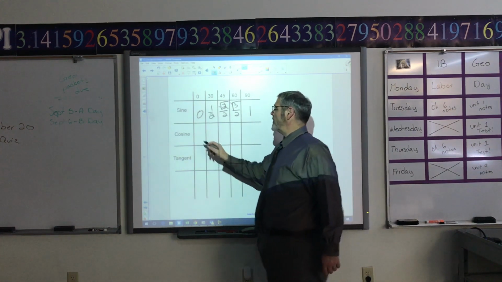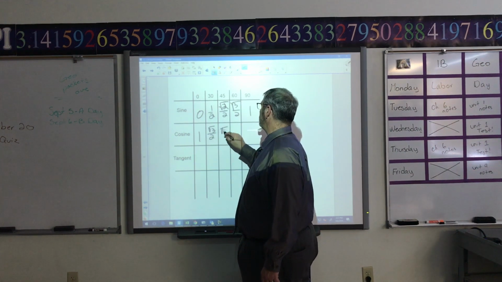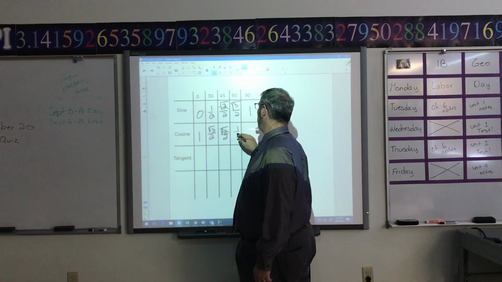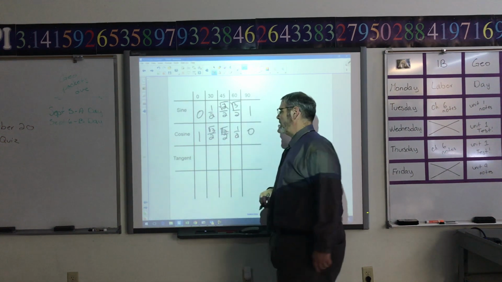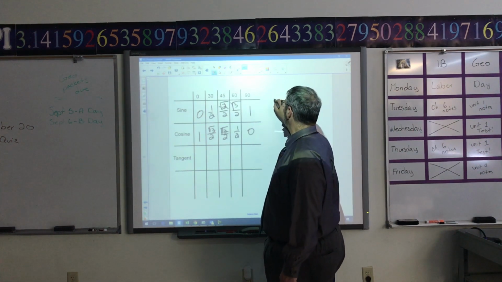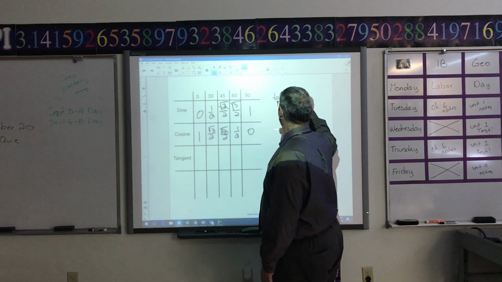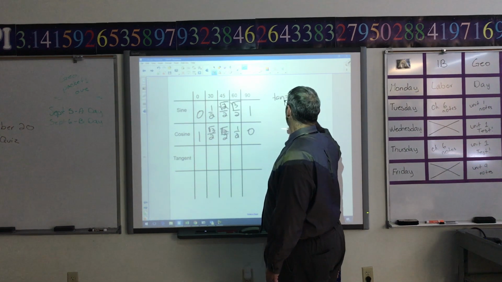If I write it backwards, I'm going to write 1, square root of 3 over 2, square root of 2 over 2, 1/2, and 0. To find the tangent, if you remember from last year, it is sine over cosine.